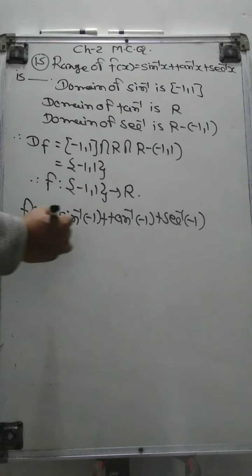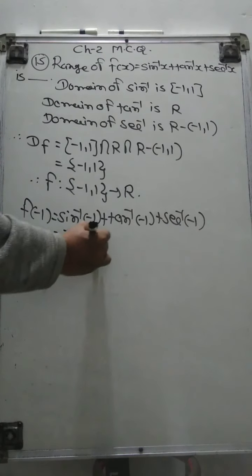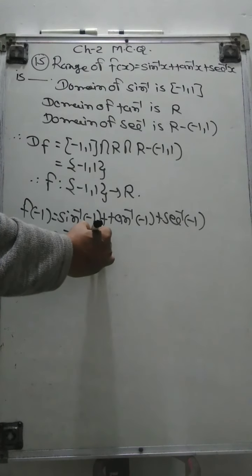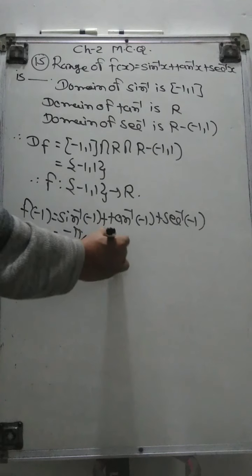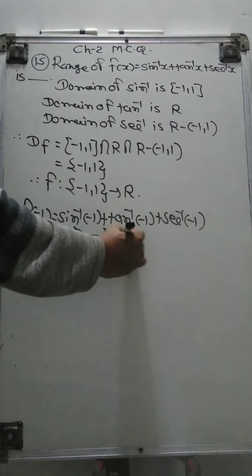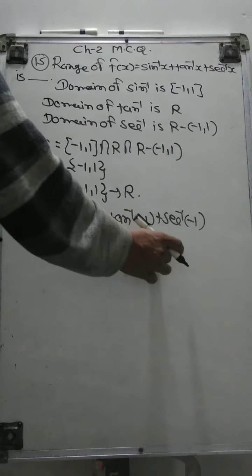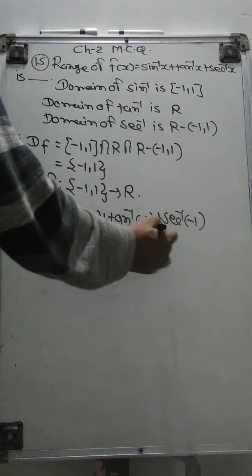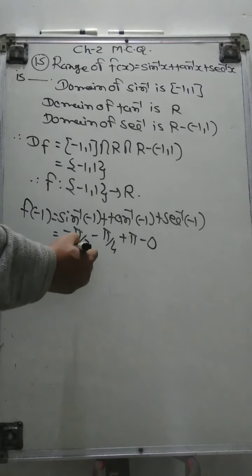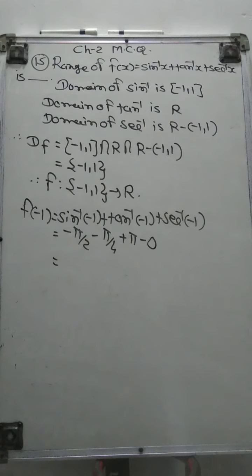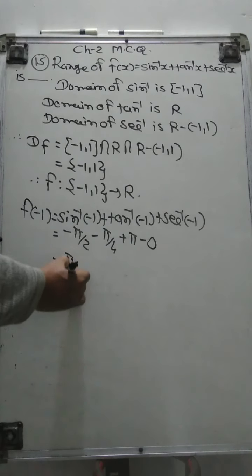Sin inverse -1 is minus pi by 2, this is minus pi by 4, and plus pi minus sec inverse 1. So sec inverse 1 is 0, so pi minus 0, or it is pi. So ultimately our answer is pi by 4, right?